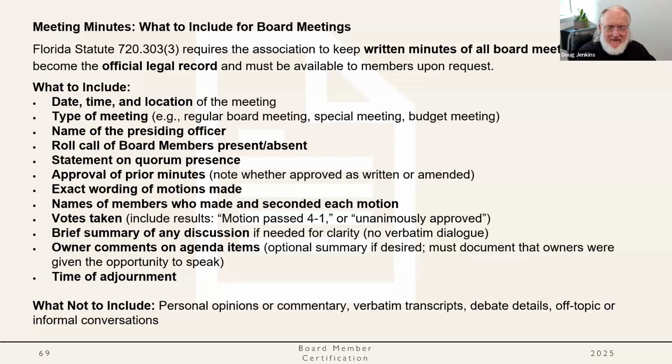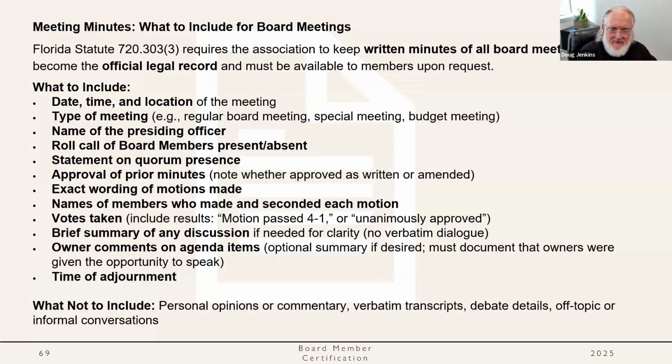So identifying the meeting, who presided, who were the members present, the statement of quorum, the approval, who made the motion, who approved, and then the carrying of the motion, and then any other motions or resolutions being considered, the exact wordings, which you're going to attach anyway.